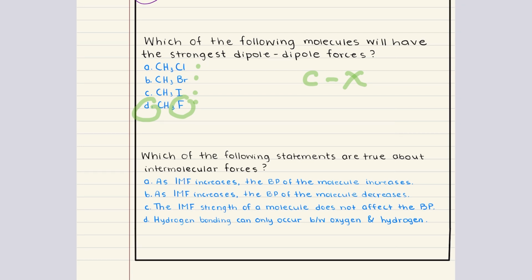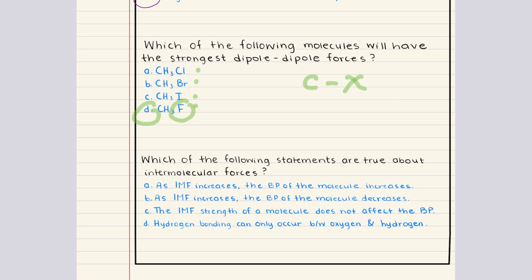Now for our final problem, this one asks, which of the following statements are true about intermolecular forces? Let's read each answer choice. A says, as intermolecular forces increase, the boiling point of the molecule increases. Now, this statement right off the bat is the true statement.